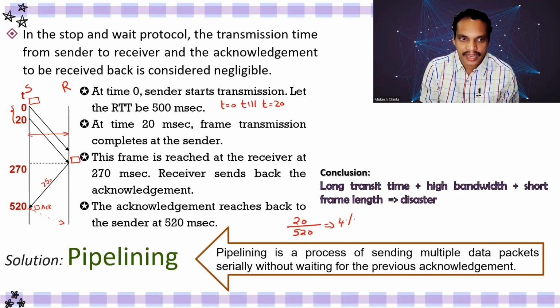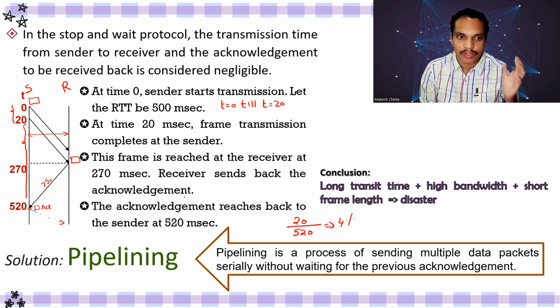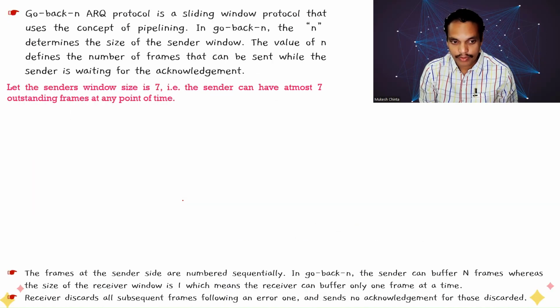So the sender in this case can send multiple frames rather than simply sitting idle till 520 milliseconds. If I could send multiple frames and slowly the acknowledgements keep coming back, I can have better bandwidth utilization. The main advantage of pipelining is to use bandwidth better, rather than making the sender sit idle and wait for the acknowledgement to come back.